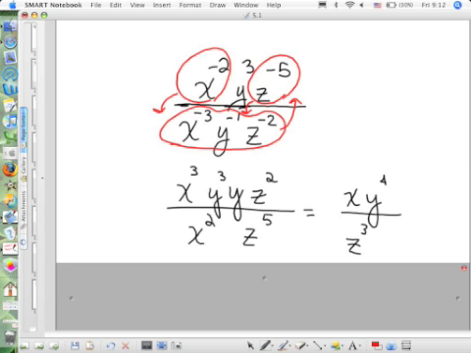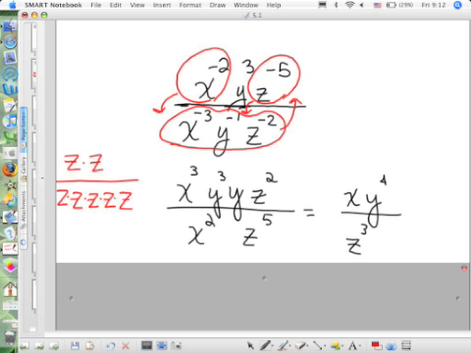Because z to the negative fifth actually means that I have 5 z's in the denominator. And down here, z to the negative 2 actually means that this belongs in the numerator, right? So here, where are there more z's? Okay, this is z squared divided by z to the fifth.